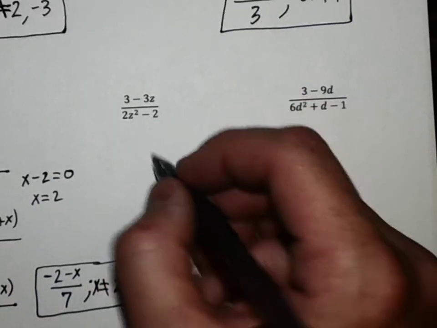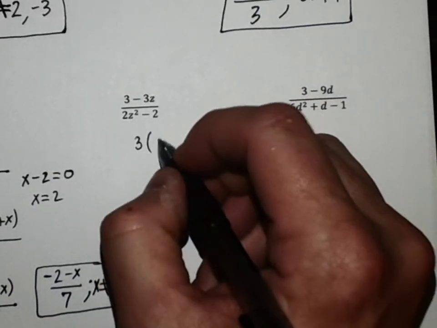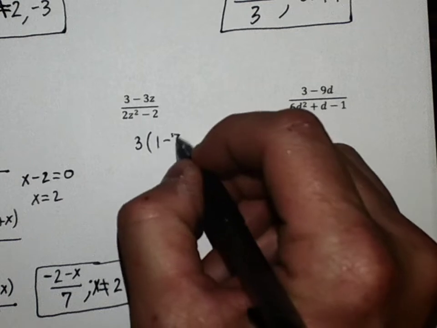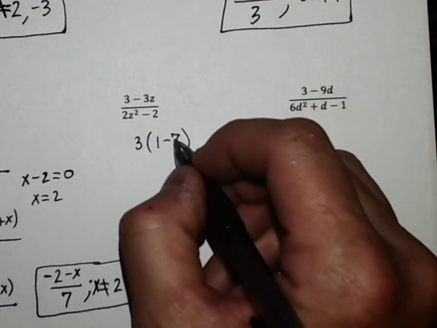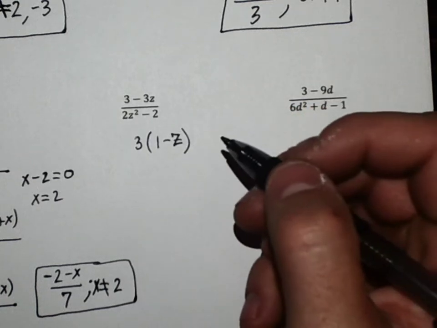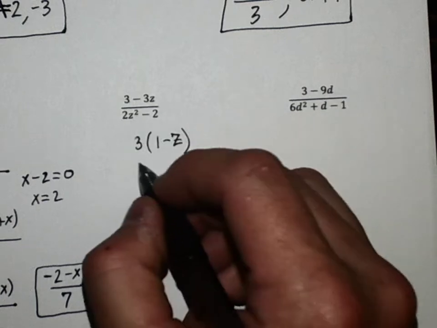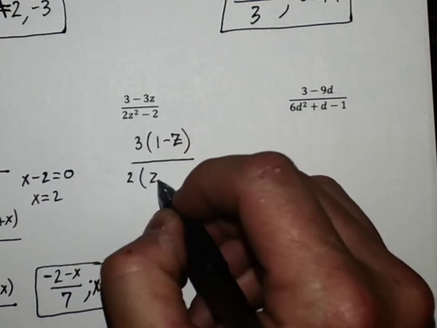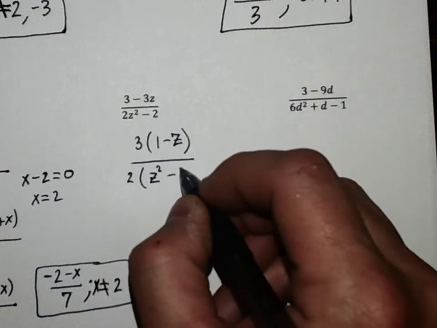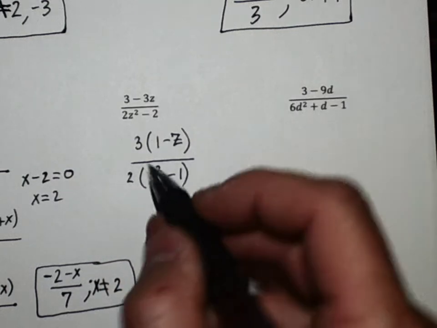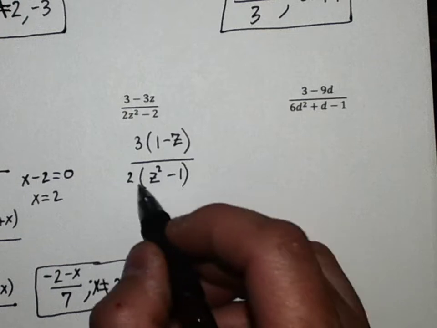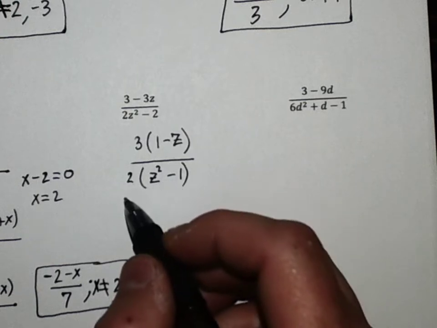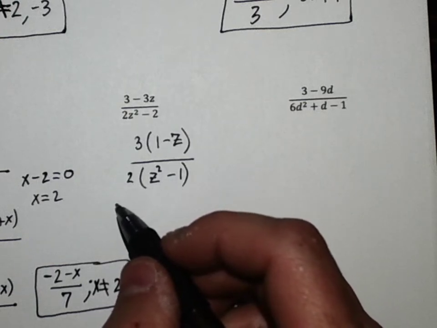All right, try another one. Factor out a 3. We have 3 outside of 1 minus z. I like to put a thing on my z's. Down in the bottom, I have a 2 factored out of a z squared minus 1. Difference of squares. I told you difference of squares is going to come up a lot.